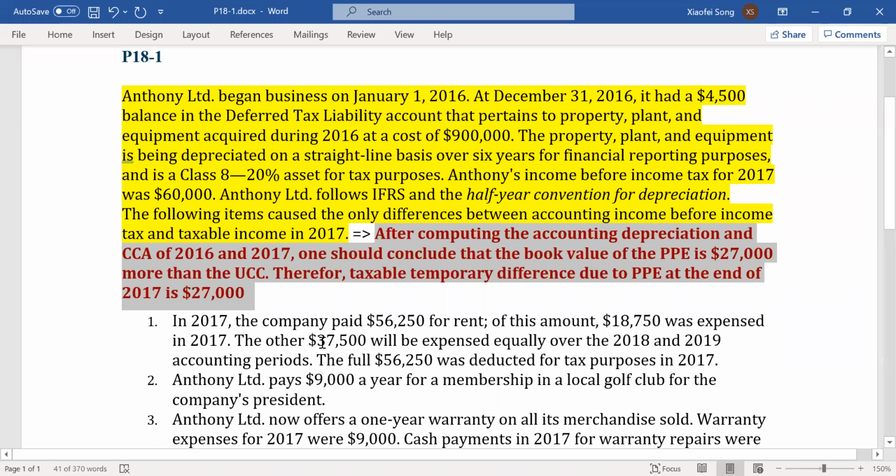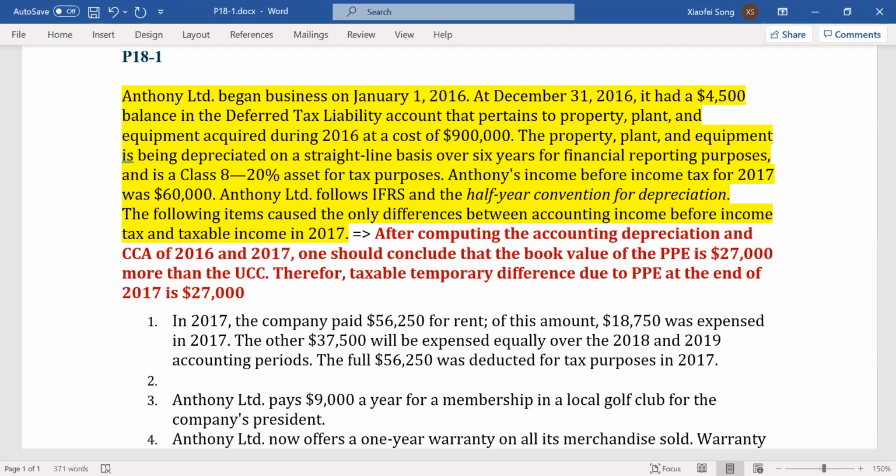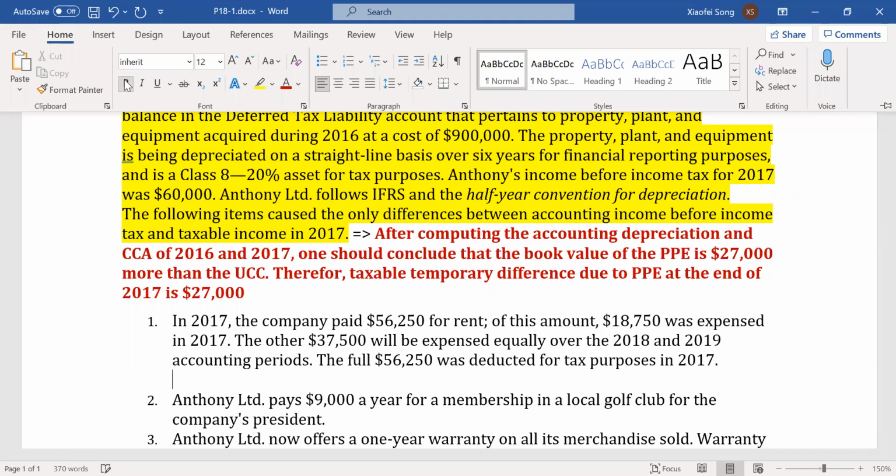The other $37,500 will be expensed equally over the 2018 and 2019 accounting periods. The full $56,250 was deducted for tax purposes in 2017. So what does that mean? This is a prepaid expense.